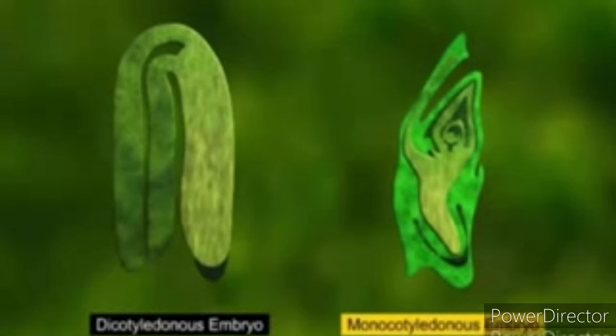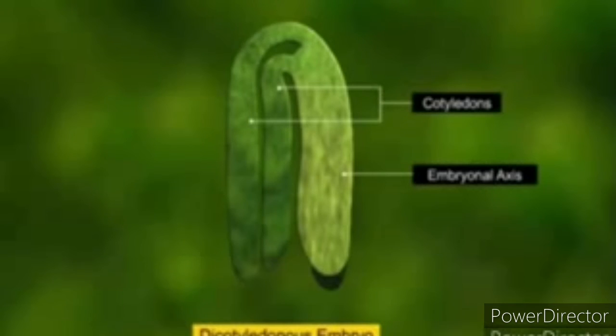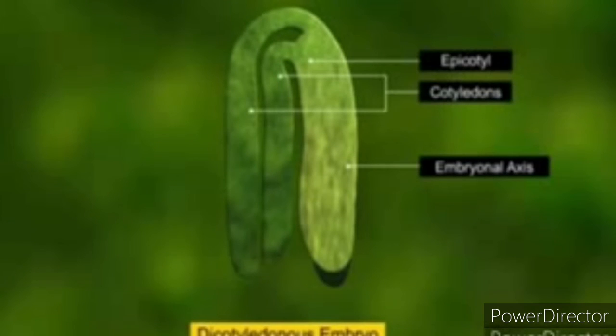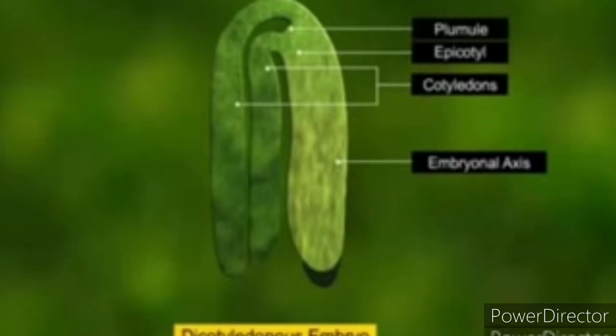A typical dicotyledonous embryo consists of an embryonal axis and two cotyledons. Last year you have studied all this. The portion of the embryonal axis above the level of cotyledons is the epicotyl, which terminates with the plumule, and later it becomes the stem portion.